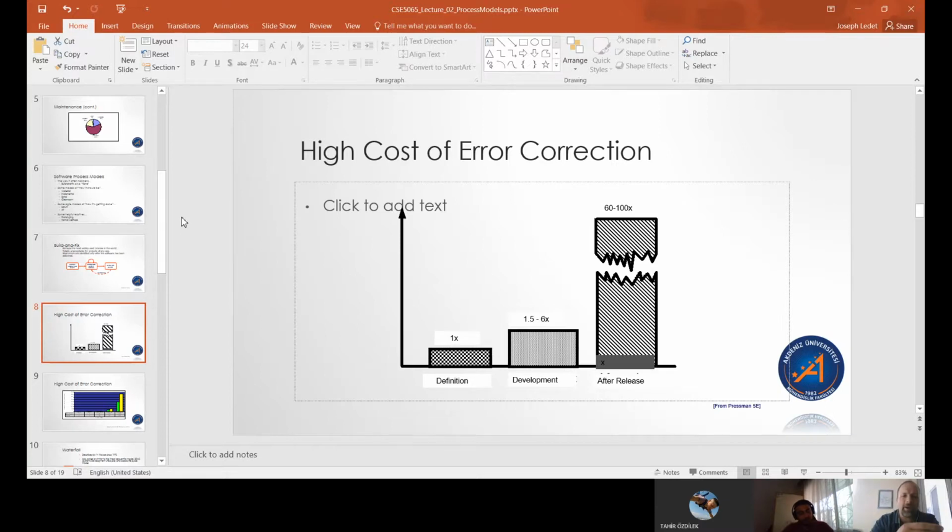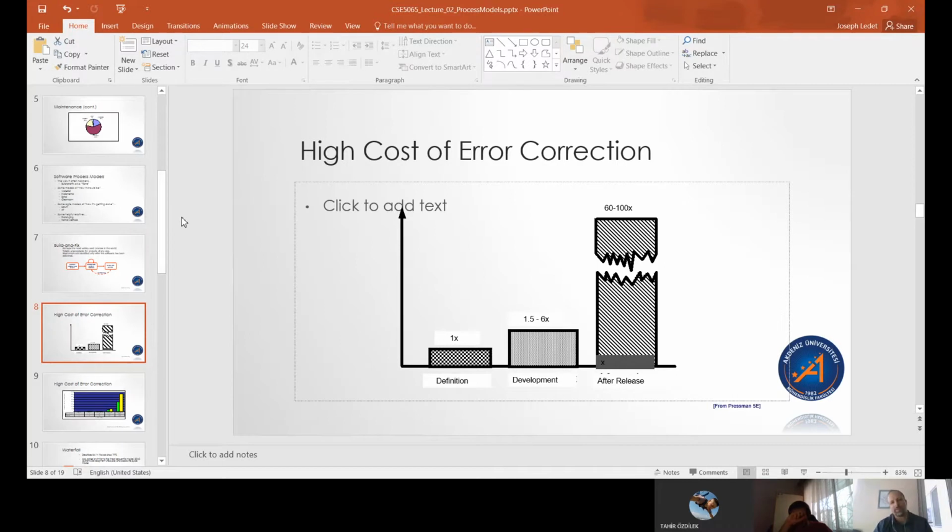But if we are able to catch an error in that first phase, in the definition phase, this would be the time where this kind of puts together the requirements gathering, requirements analysis, and design maybe might be part of that.